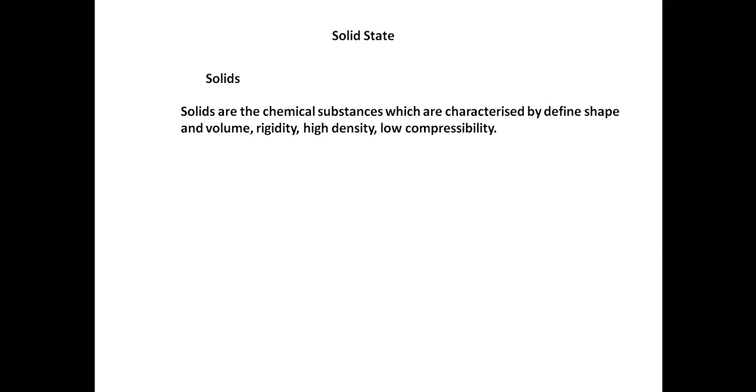What are solids? Solids are the chemical substances which are characterized by definite shape and volume, rigidity, high density and low compressibility. So you cannot compress a solid. If you want to compress it, then it may compress to a small extent.